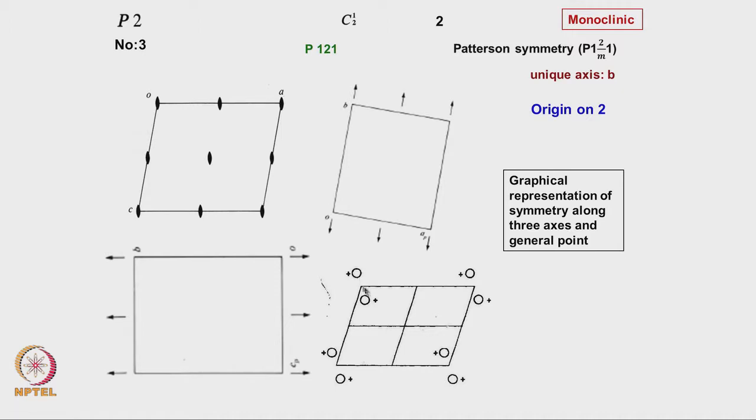A motif has to be there. So this is how the general position is represented. This diagram represents the symmetry elements associated with the unit cell. This diagram represents the position of a motif when it is placed at a general point.